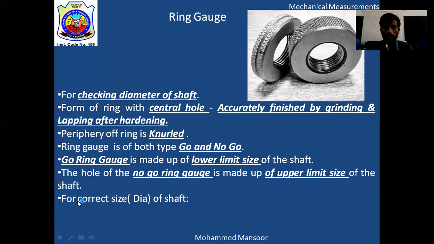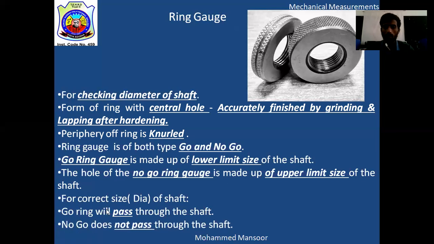So for the correct size of the shaft, the go ring will pass, whereas the no go will not pass. For an incorrect size of the shaft, it will be opposite: go will not pass and no go will pass. At that time the dimension of that shaft is out of the permissible dimension.